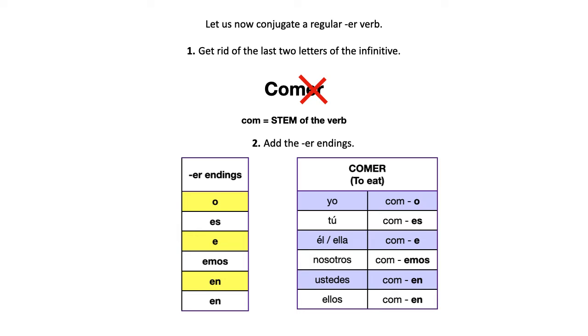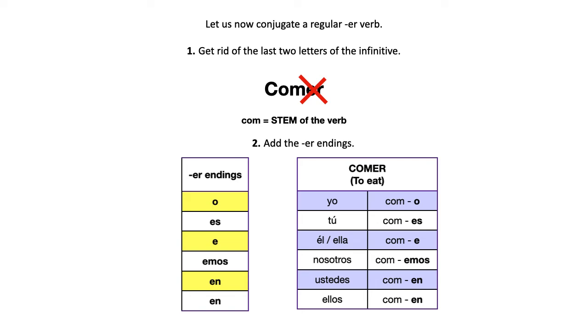It is very important that you remember that each of these three regular verb groups, ar verbs, er verbs, and ir verbs, each group has its own endings. Because the thing is, if you add the wrong endings, you're creating a very different form of the verb, okay? So Spanish speakers are not going to understand what you're saying.